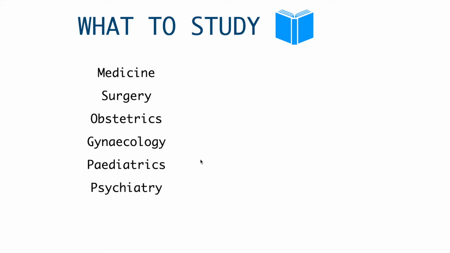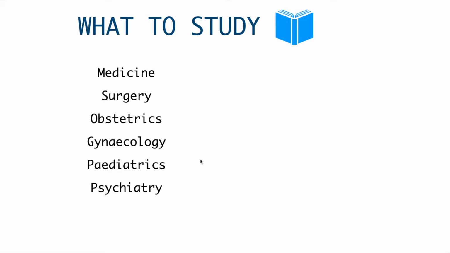So what do we need to study? In short, as this is a clinical examination, you need to expect questions from the clinical subjects, that is medicine, surgery, obstetrics, gynecology, pediatrics, and psychiatry. And along with that, you need to expect questions from the allied subjects, that is ENT, ophthalmology, and dermatology.